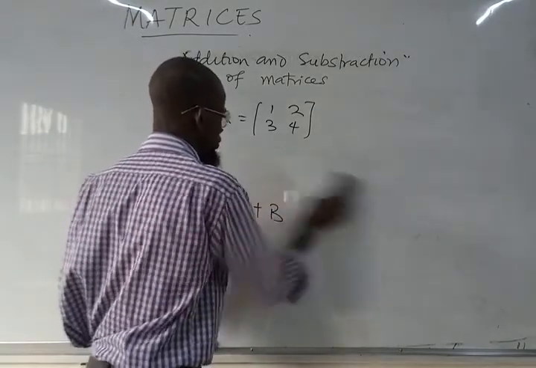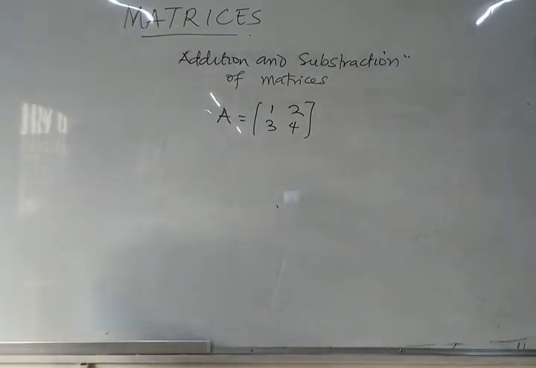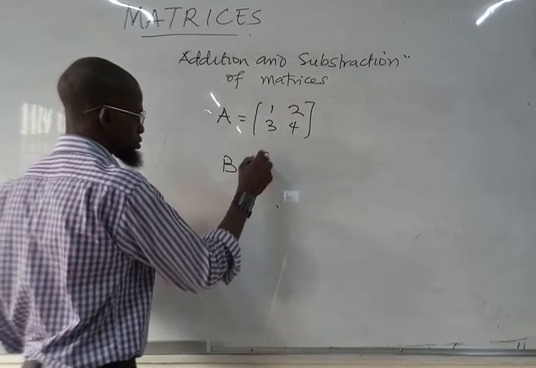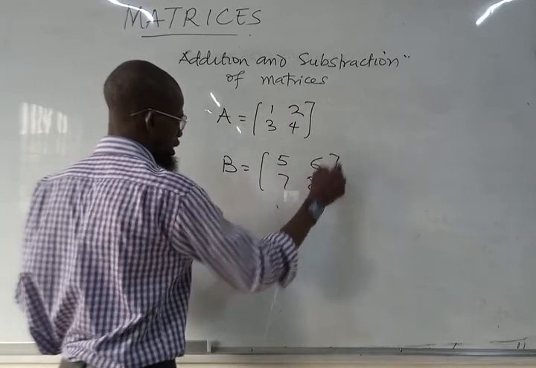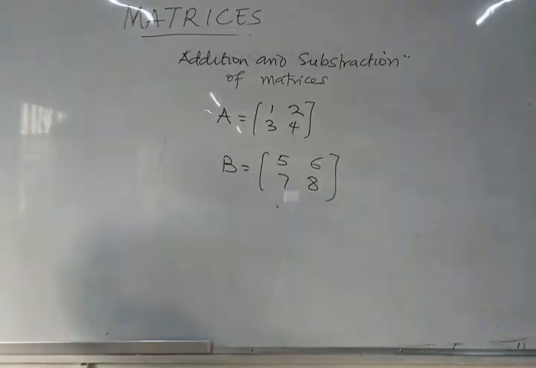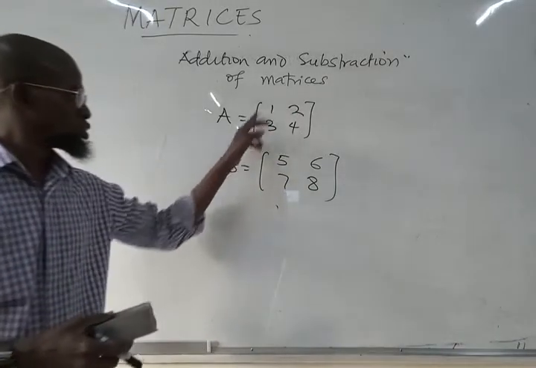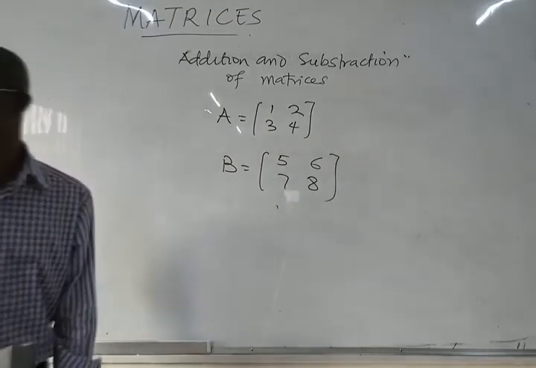Let's consider the first matrix A, and another matrix B equal to 5, 6, 7, 8. You can see the matrices both have 2 rows and 2 columns.